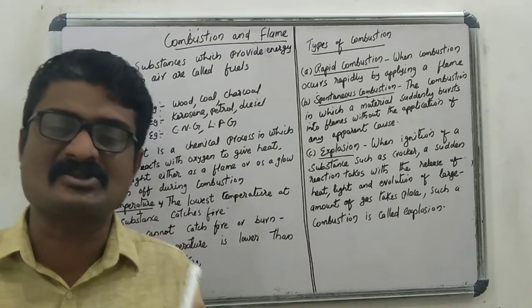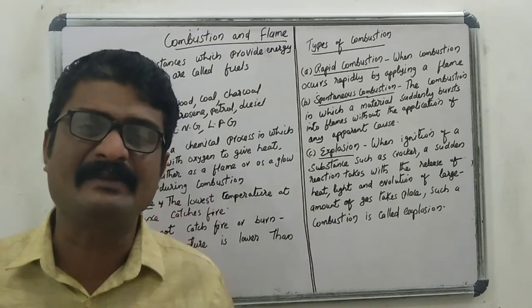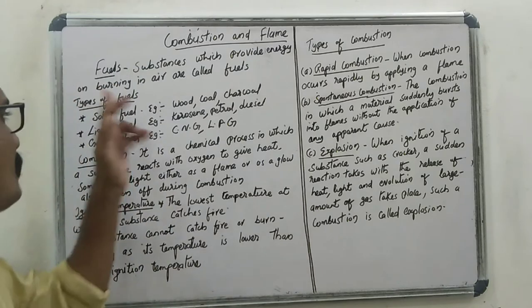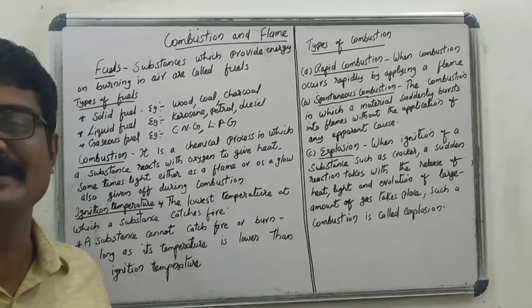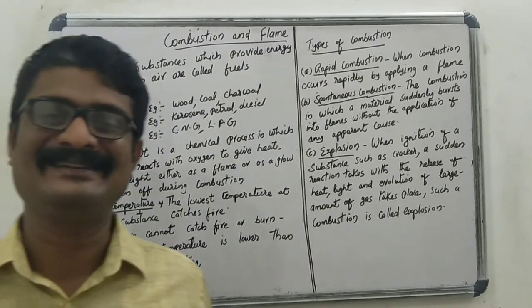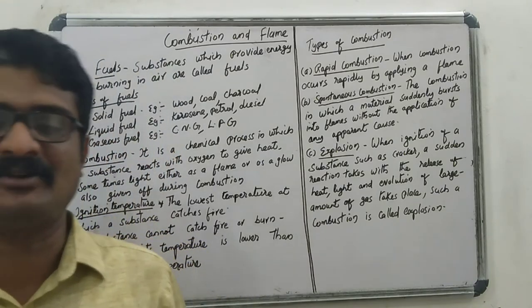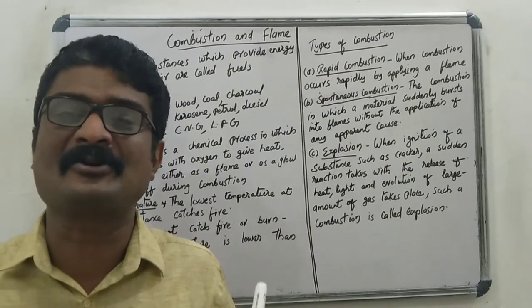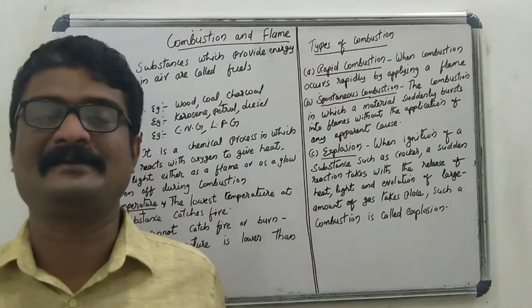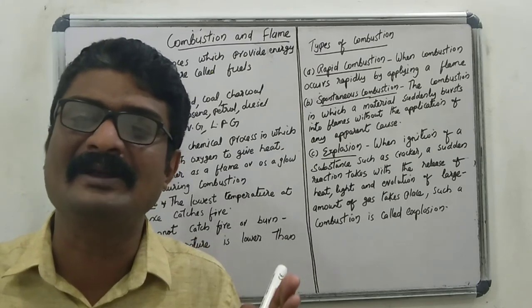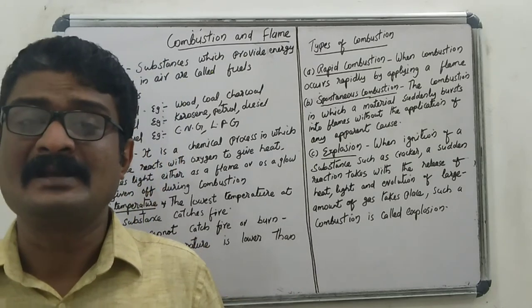On the basis of the physical state, the fuels can be classified into three types: solid fuel, liquid fuel, and gaseous fuel. Anyway, we know the fuels undergo combustion. What is meant by combustion?